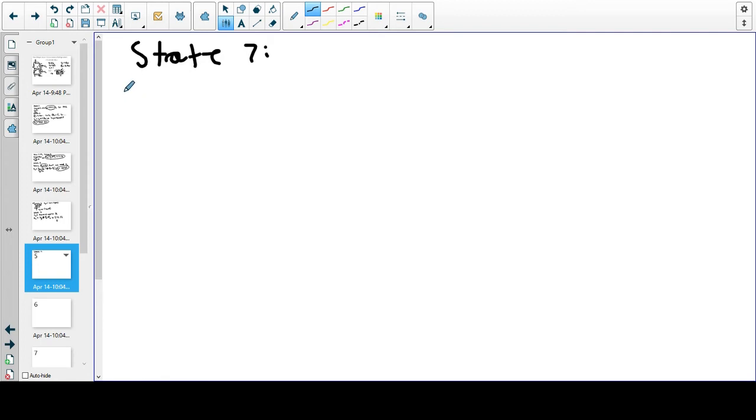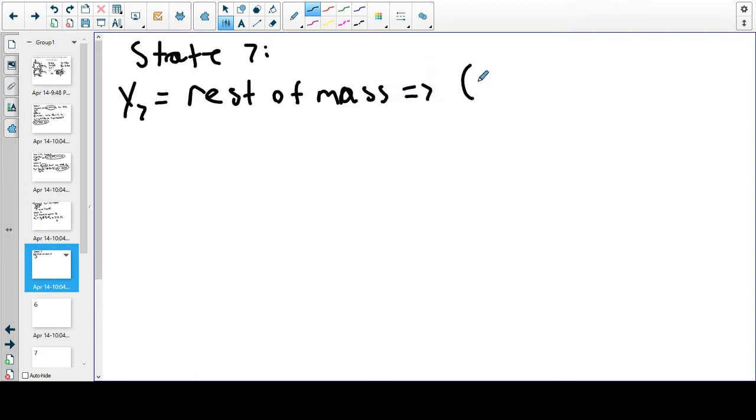And then we move on to state 7. And now we know state 7 is all liquid. And Y7, so it's the rest of the mass, which we know is all liquid. So it is 1 minus Y9 equals Y7. But obviously we're just going to be using Y9s in this. That's a Y9, not an X9.